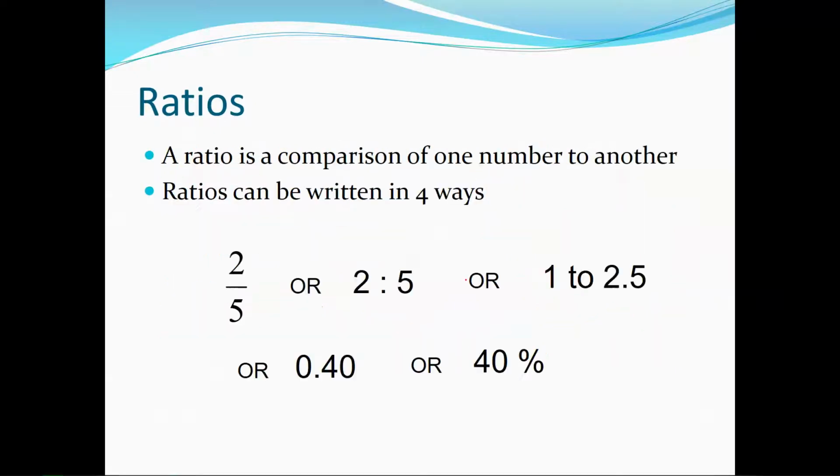Okay. So we're comparing one number to another, and they can be written in a couple different ways. You have your fraction, 2 to 5. You have the very simplified version of 1 to 2.5. You have your decimal equivalent of 0.4, and you have your percentage.